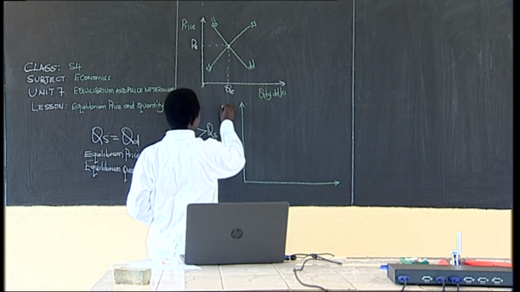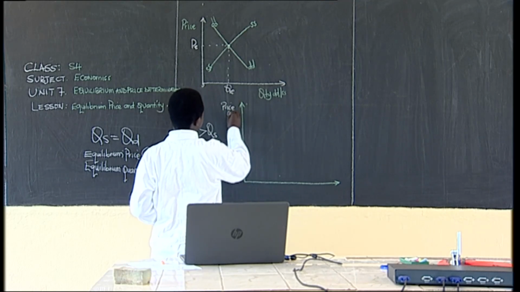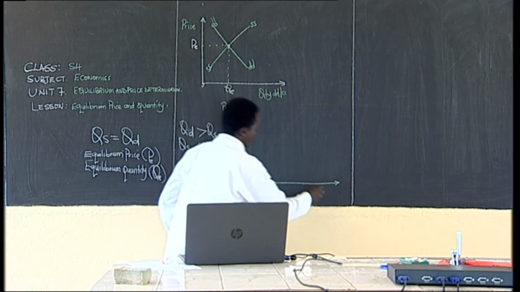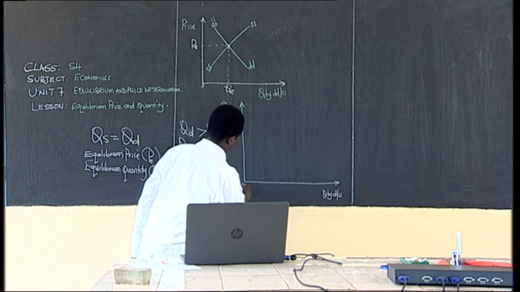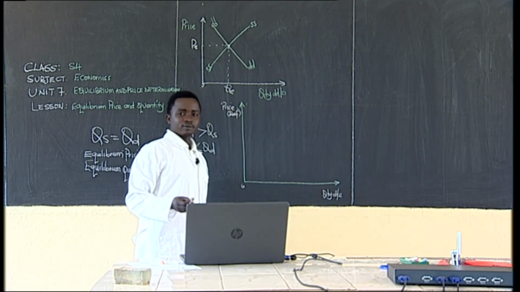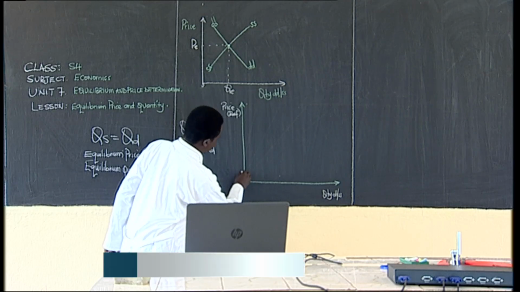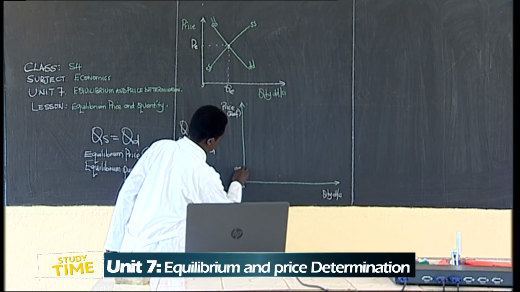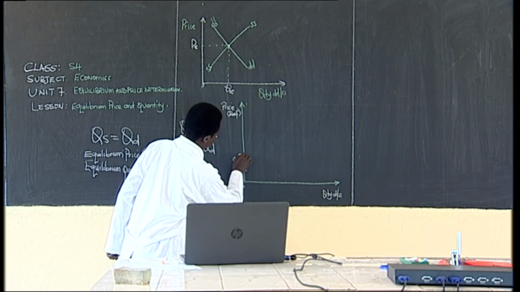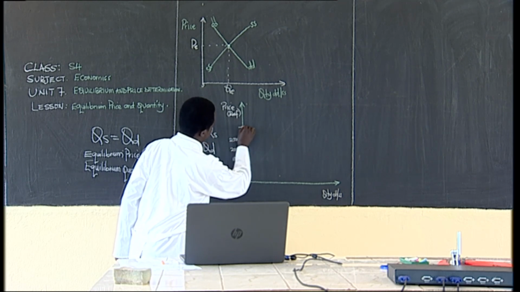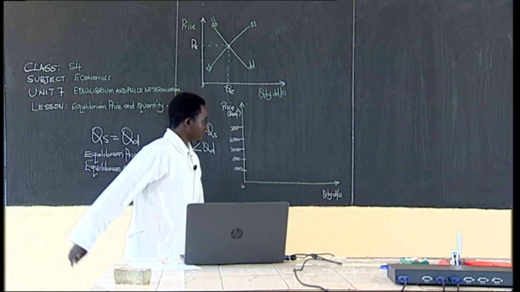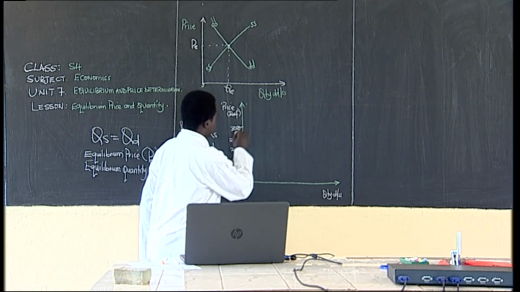Here, this is our price in Rwandan francs. Then here, we may have our quantity demanded or supplied. So on price, we have 1,000 up to 3,000. So we have 1,000, then 1,500, then 2,000, then 2,500, then 3,000.